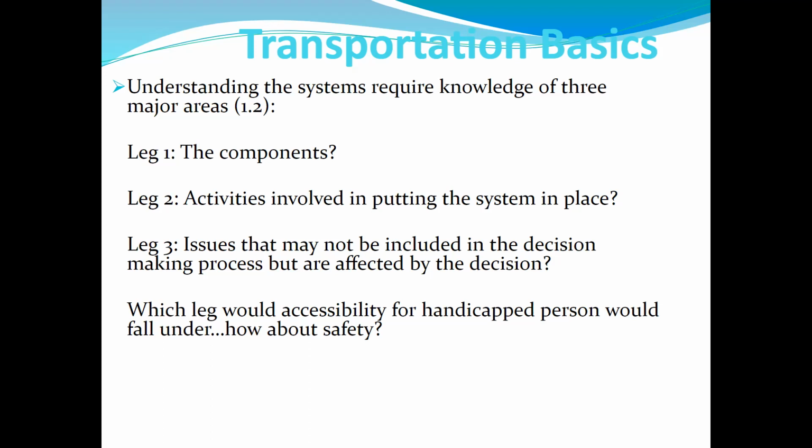For example, vehicles, especially personal automobiles, are primarily designed by private automobile companies. But the system itself, the roads, is designed by the transportation engineer at your local agency or at your state highway system and so forth.